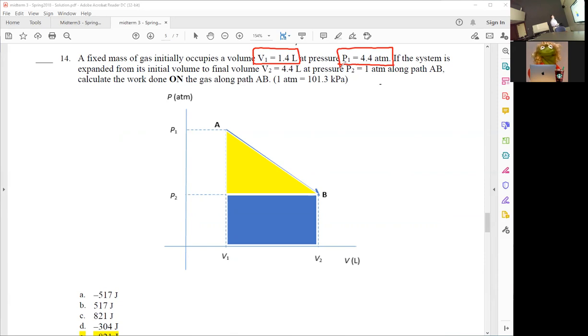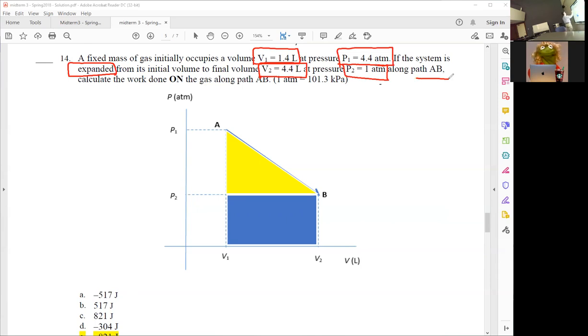If the system is expanded, I'm told the system is expanded. Always try to highlight the keywords in the problem. So if the system is expanded from an initial volume to a final volume, final volume is 4.4 liters at the pressure P2 of 1 atmosphere, along path AB.